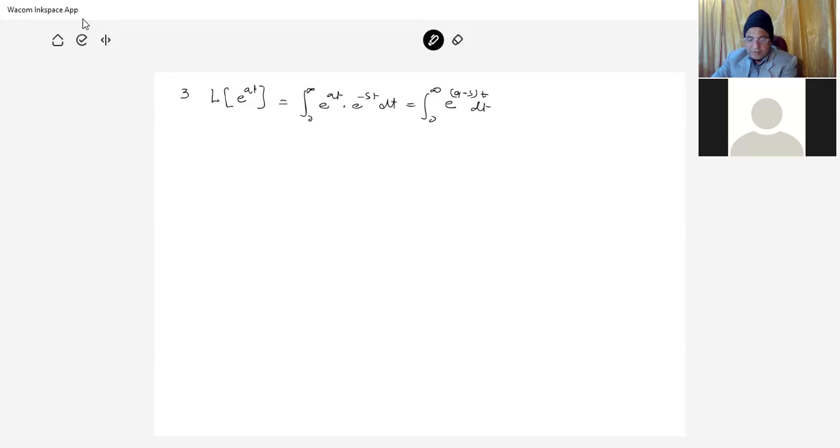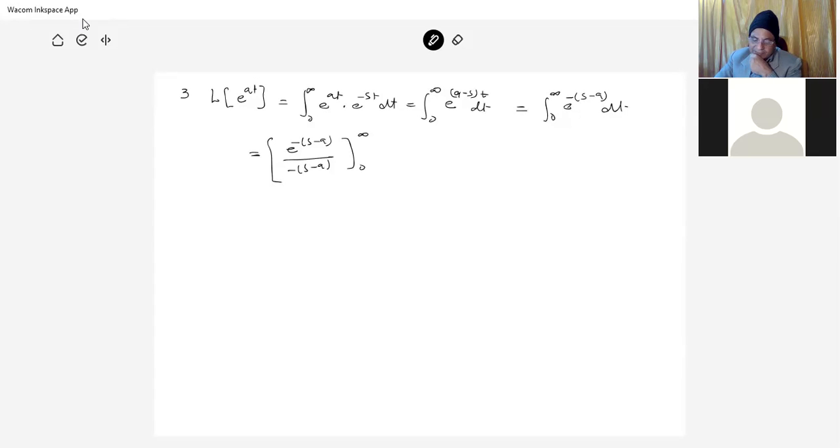So we can integrate this: 0 to infinity e raised to the power minus s minus a t dt. So this is e raised to the power minus s minus a t divided by minus s minus a, from 0 to infinity.